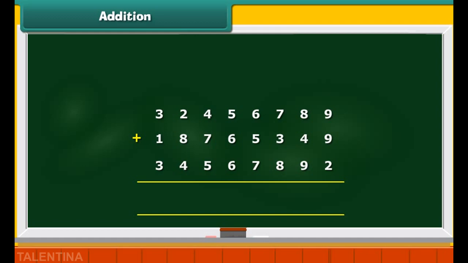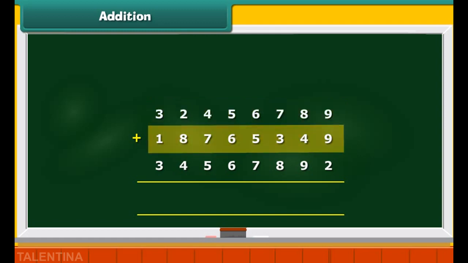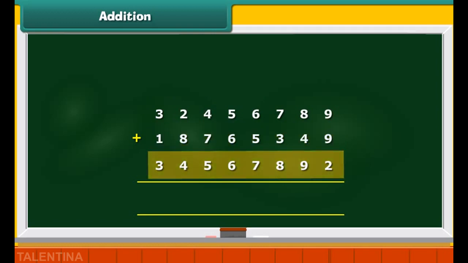We begin with the addition of 3 large numbers: 32456, 18765349 and 345. Draw the Indian place value chart. Arrange the numbers one below the other.